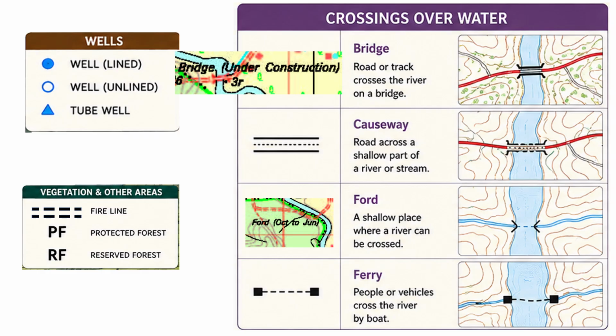Now, what is a ford? When we see a river or a stream, there are a few areas which are thin enough that we can cross over, right? It doesn't have that much water. We can walk through it. So over here it's written ford October to June. So it will be a ford only for those months, October to June.